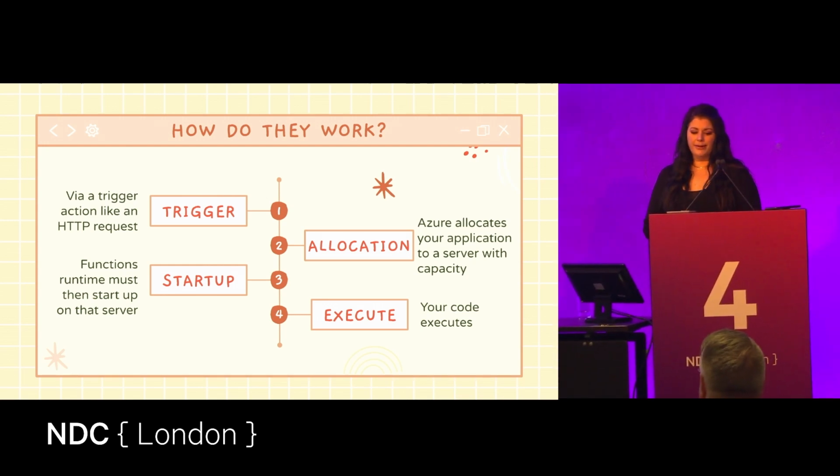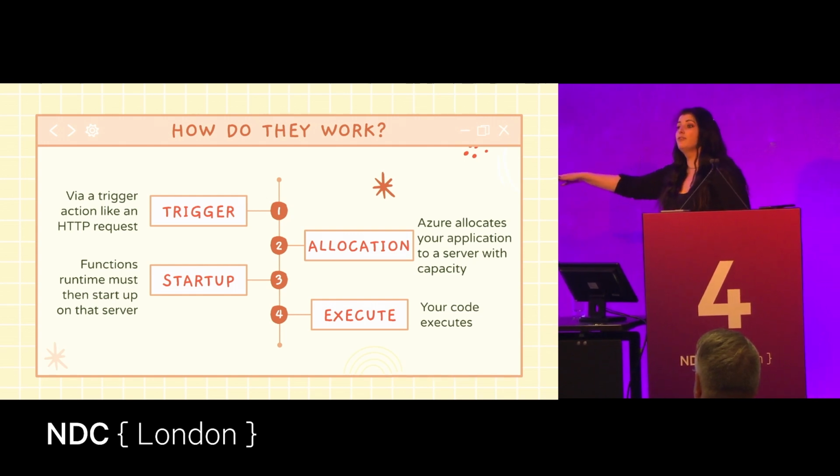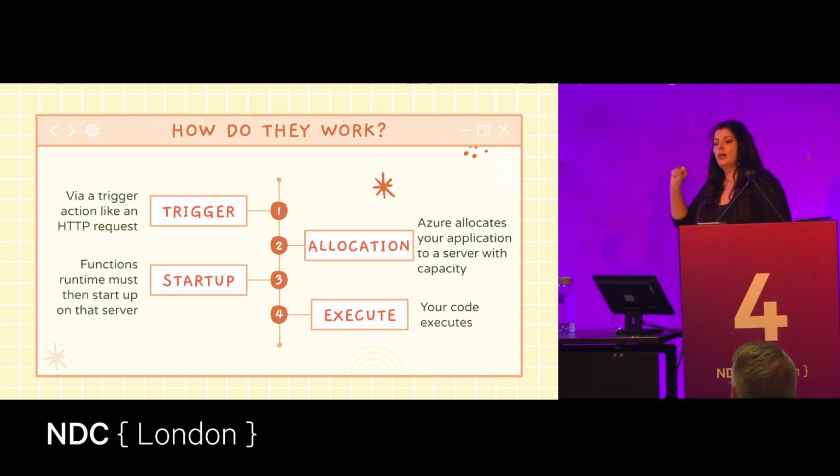And Azure goes, all right, I've got a server over here. Why don't you go and use that server? And then that server's like, what do you want? Well, I'd like functions runtime, please. So it then has to start that up. And then eventually, your code will get executed.